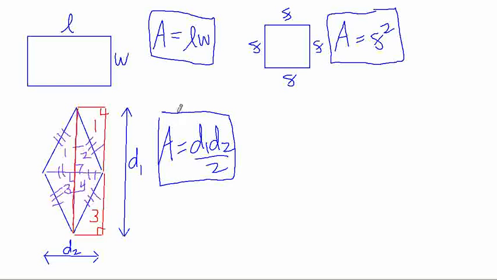So therefore, the area of the rhombus is D1 times D2 over 2. All right, now, last but not least, let's do the trapezoid. So let me start by drawing a trapezoid. And this doesn't have to be an isosceles trapezoid. We want a formula that works whether it's isosceles or not.